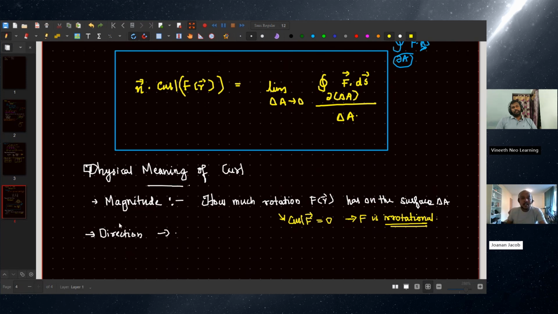What will be the direction? Direction is in the direction of the axis of rotation, which is given by our right hand screw rule.